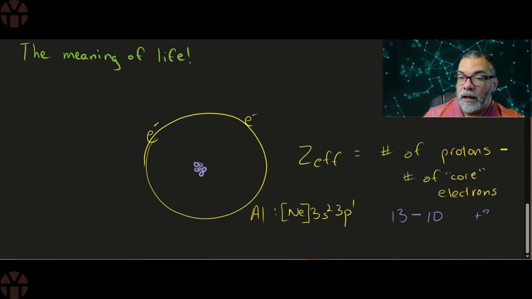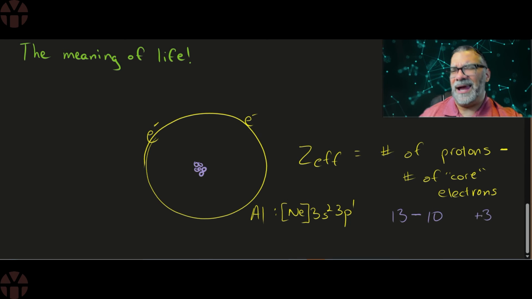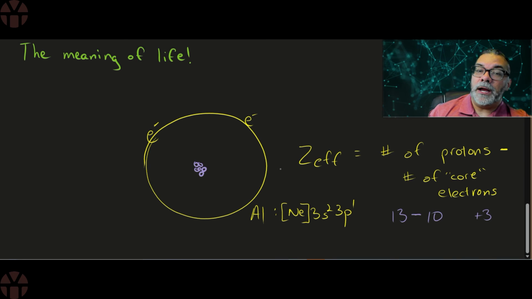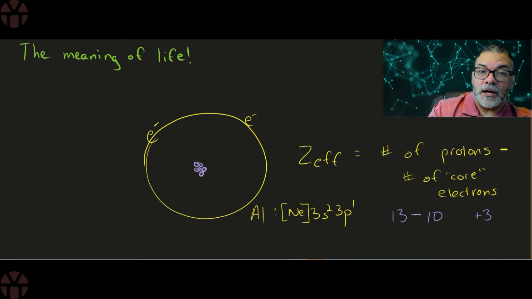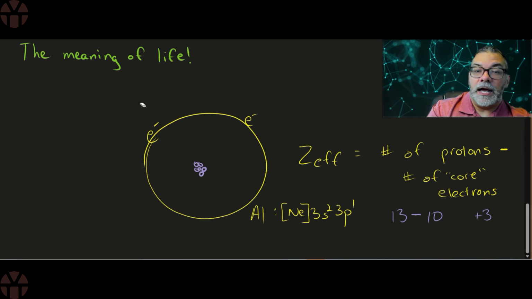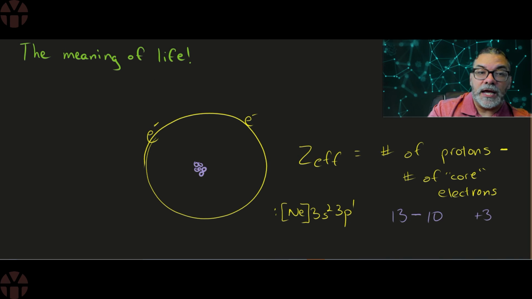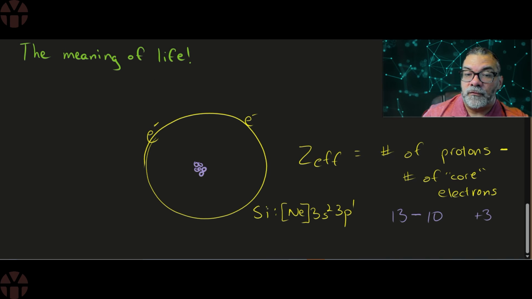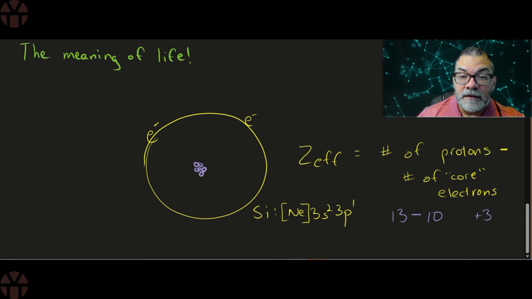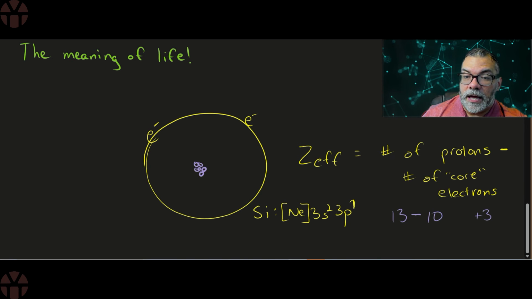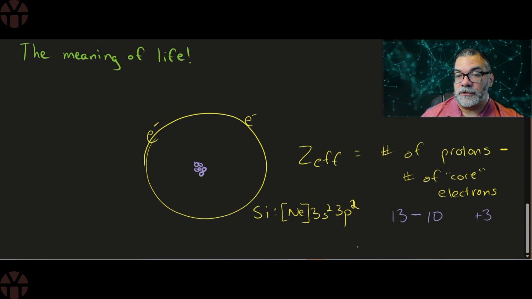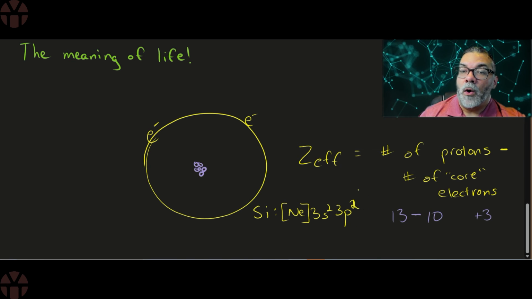Okay, well, that's nice. Well, who cares? Now let's compare it to something like silicon. When I look at silicon, in this case I'm not going to have 3 valence electrons. With silicon, we had 4 valence electrons. And so now what's going to happen?